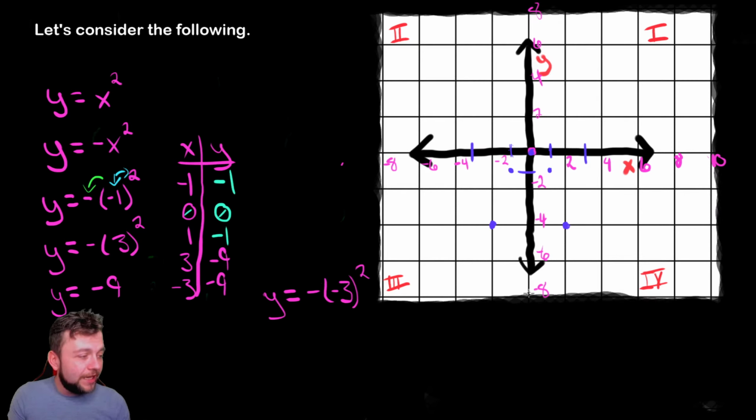So if this is 8, then 9 would be about right there, and right about there. Okay, and then when we graph this, we'll do that in a nice lighter blue, see how it turns out. It looks really good against the black.